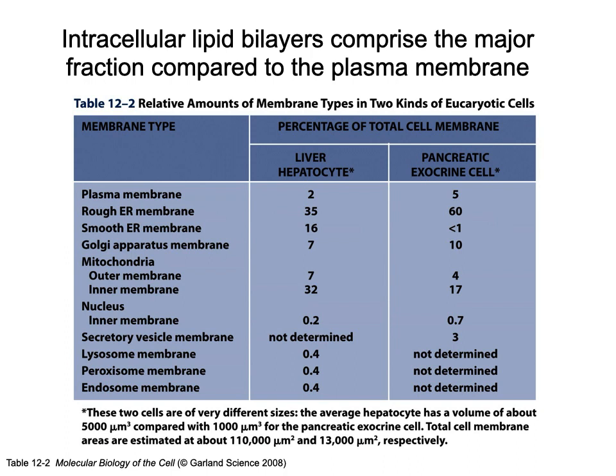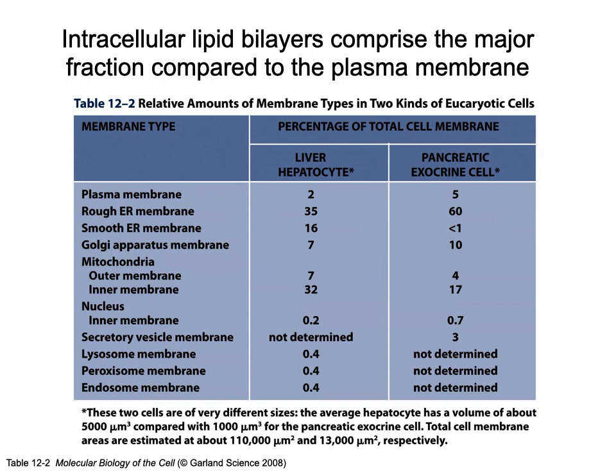For the pancreatic exocrine cell, 60% of its total cell membrane is in the rough ER, so that is the dominant organelle contributing to its cell membrane.